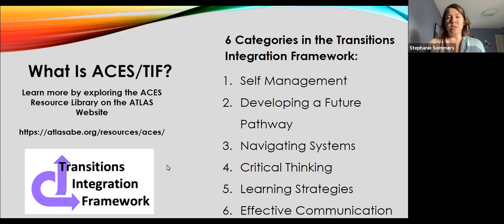And we really wanted to try to identify the different big areas where our adult learners need skills. So the 6 categories we ended up with were self-management, developing a future pathway, navigating systems, critical thinking, learning strategies, and effective communication.